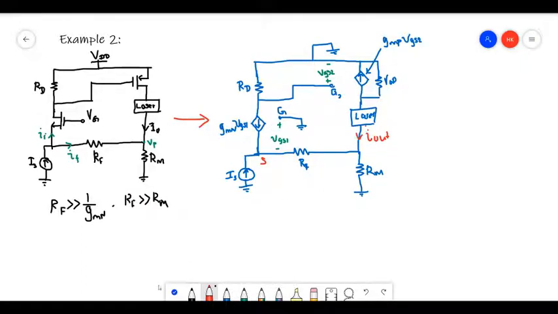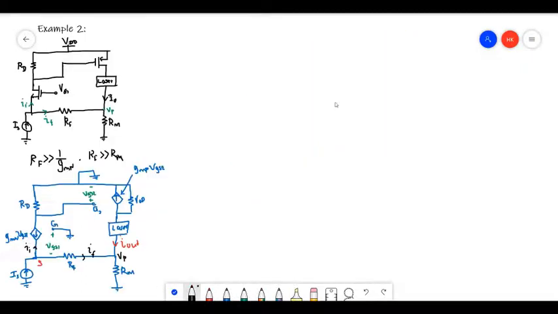So let's see how to calculate the values. First of all, let's calculate the closed loop gain. I think the best way to do this problem is to first find the open loop gain and the feedback factor beta, and use those to calculate the closed loop gain, right? So first, let's calculate beta.